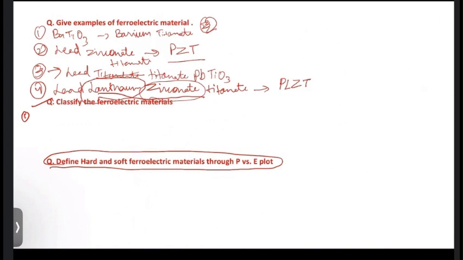First is crystal chemical composition. The examples will sometimes be the same because we are just classifying on the basis of properties.